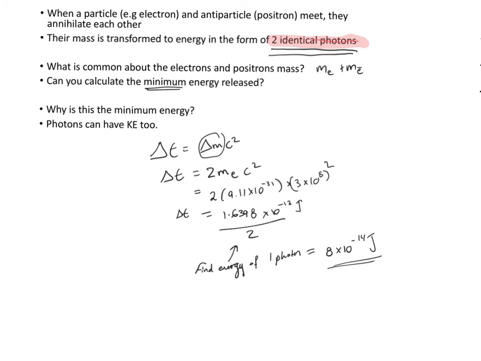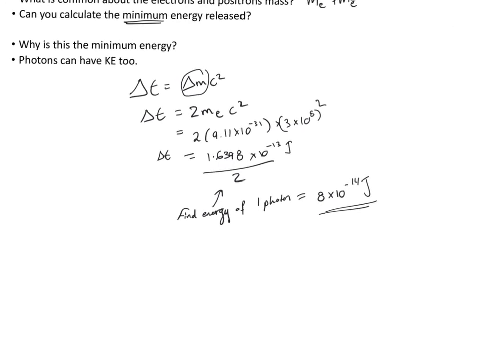You already are aware that we tend to use electron volts usually for such small amounts of energy, especially when it comes to particle physics. So for you to get from joules to electron volts, remember you just simply divide it by 1.6 times 10 to the minus 19.